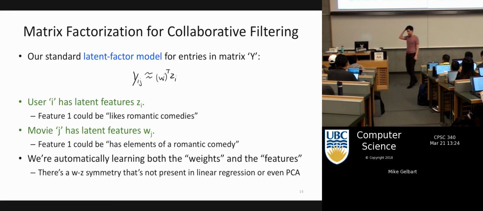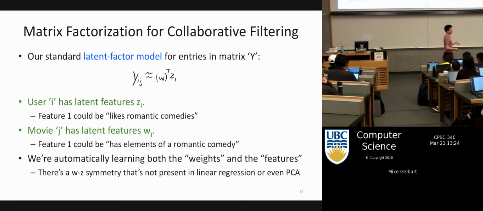And we can try to interpret the new space as a kind of mapping from users to movies. So for example, the first new direction, the first out of k new features that we've invented, maybe that represents something like the person likes watching romantic comedies.